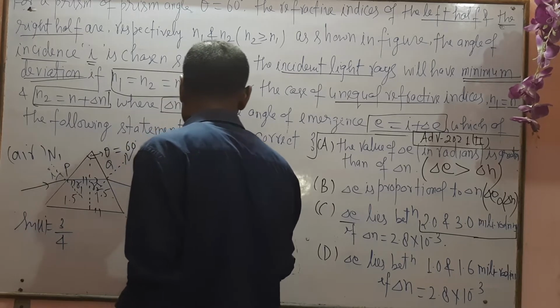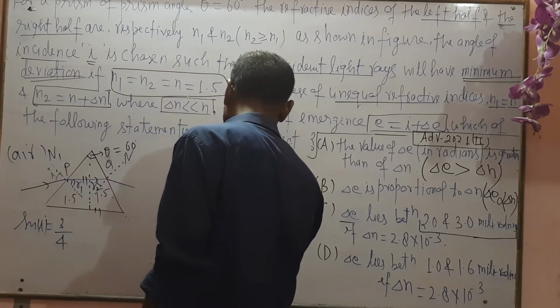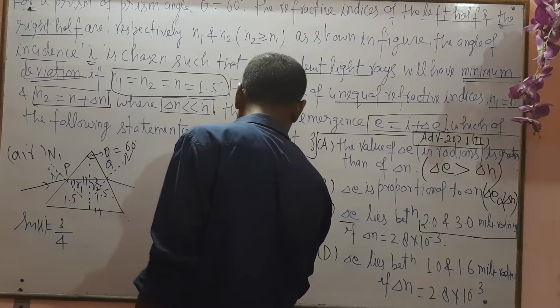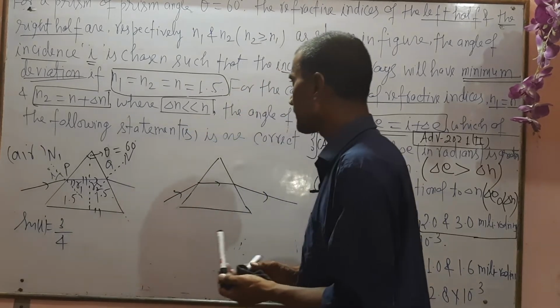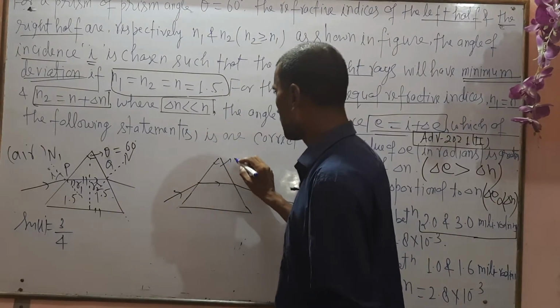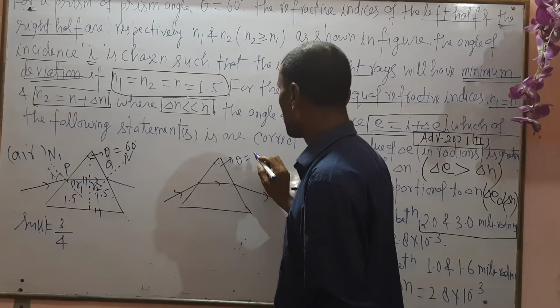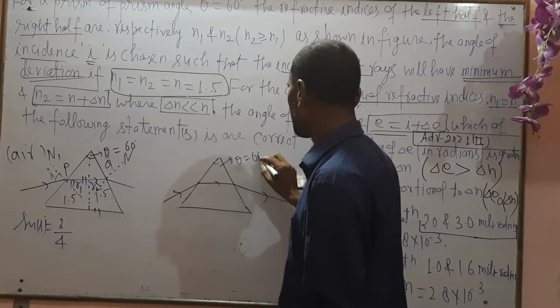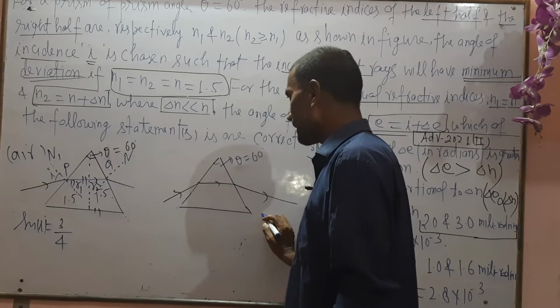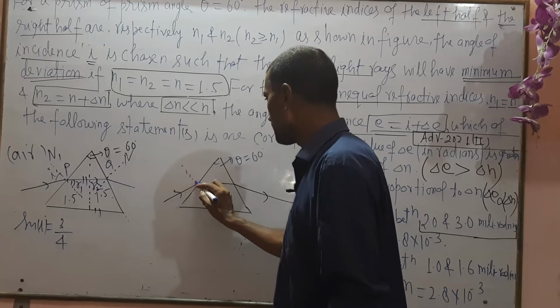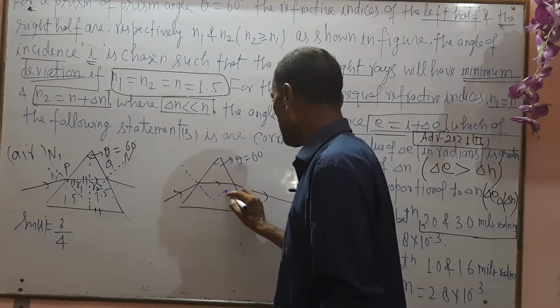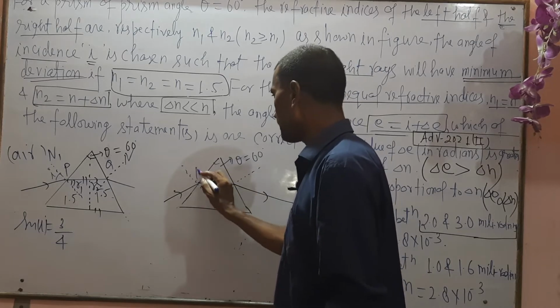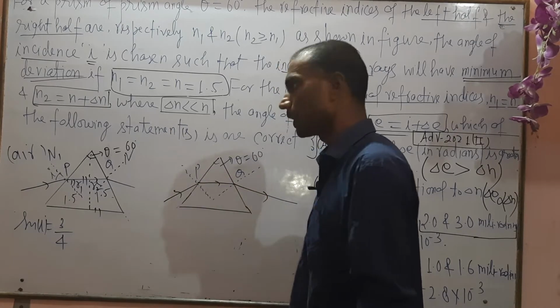That ray will be this, and that ray is this. This is the angle of the prism, which is equal to 60 degrees. This is the baseline and this is the incident ray. Then draw the normals. Let us suppose this is point P, and this is point Q.